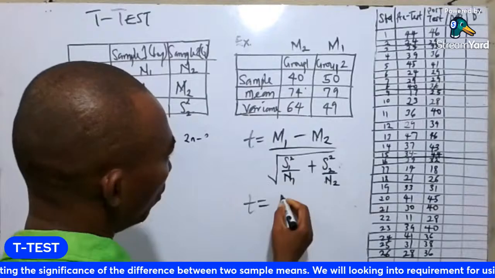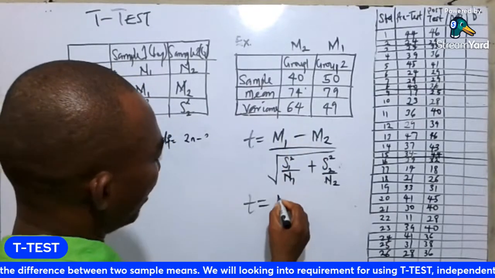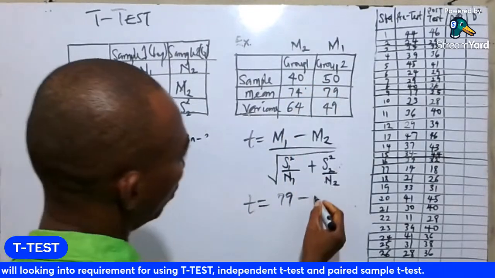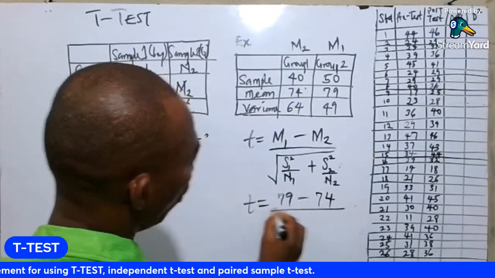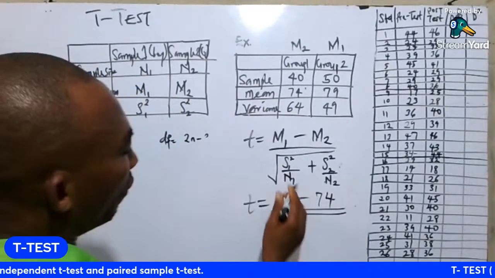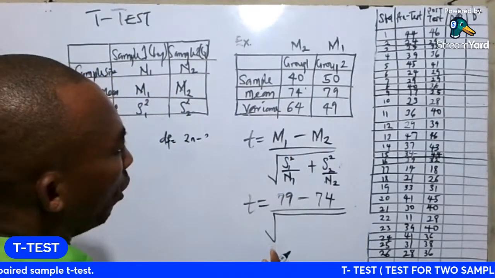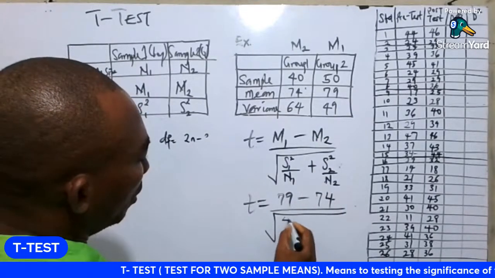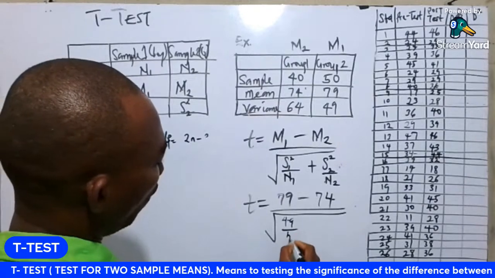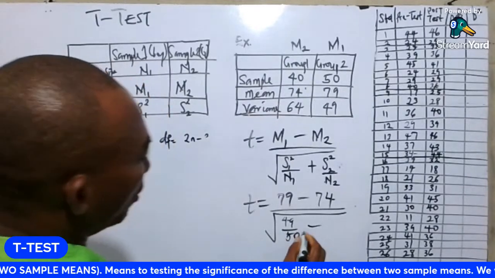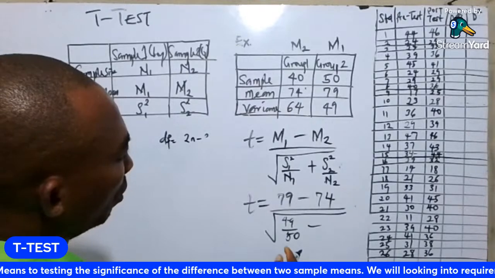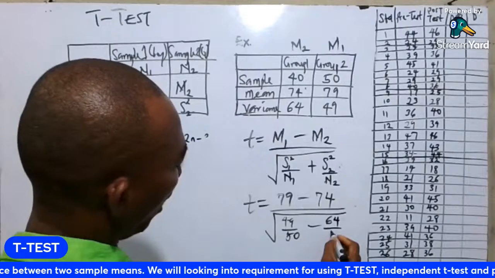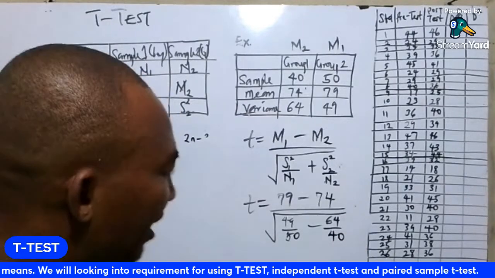So I have 79 minus the mean of the second one, 74, over the square root of the variance of that one, 49 over 50, minus the variance of the second one, 64 over 40. I hope it is clear now.